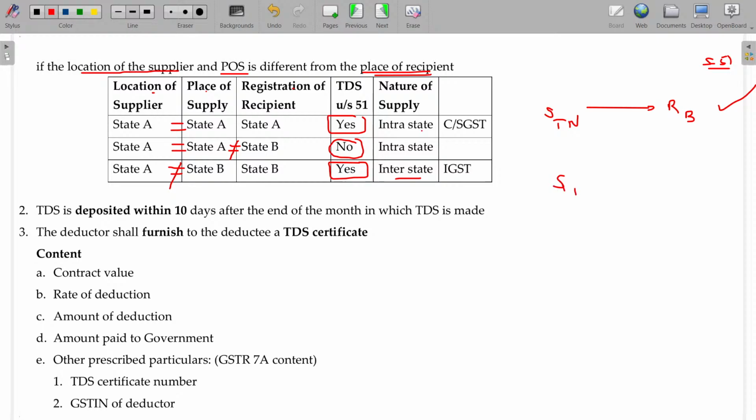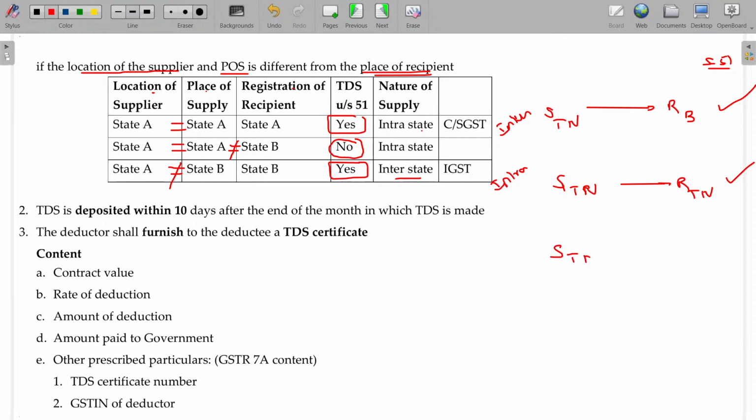Supplier being in Tamil Nadu, recipient also in Tamil Nadu, then it is called intrastate. Then section 51 will be applicable.